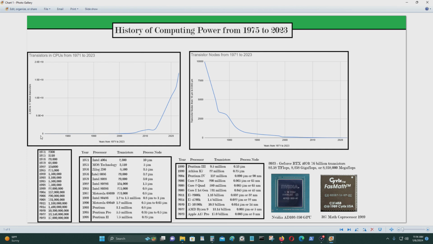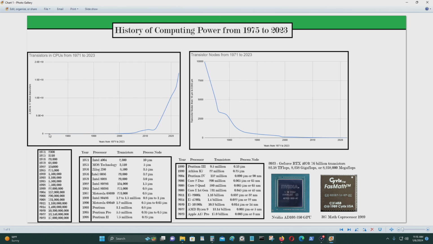And as you can see in this graph, the transistor count. This is the graph of transistors in CPUs from 1971 to 2023. And this y-axis or vertical axis scales from 2,300 transistors to 17 billion transistors. And this x-axis or horizontal axis is from 1971 to 2023.